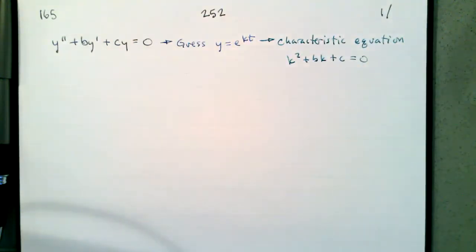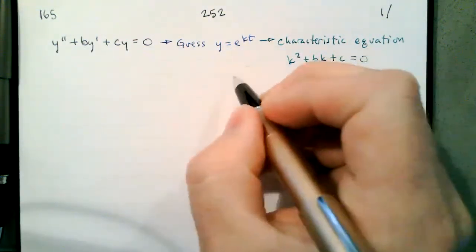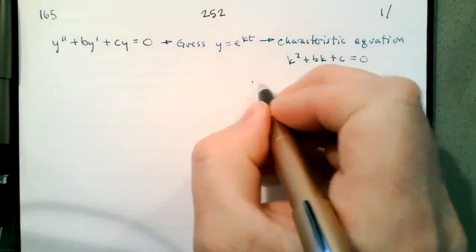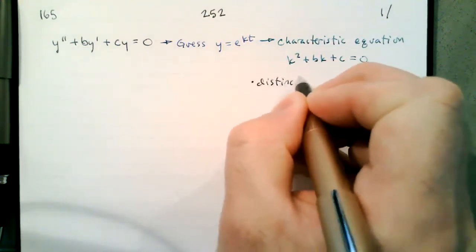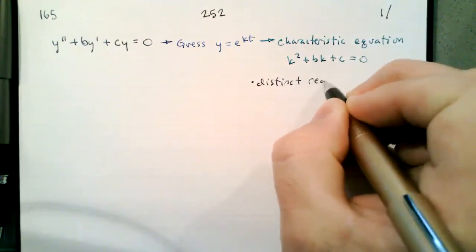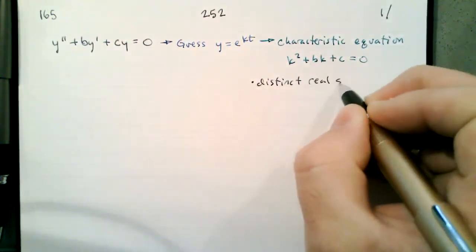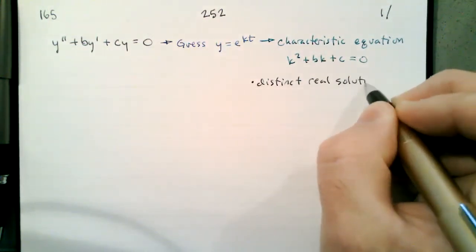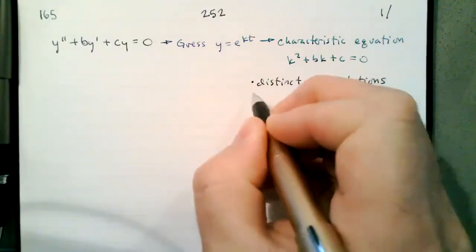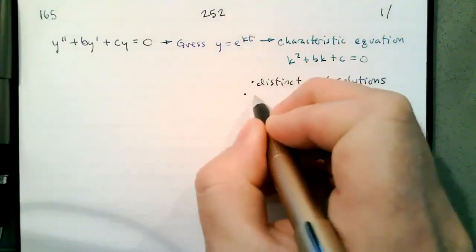And then this led to our three different cases where we had distinct real solutions. I wrote the equation, so I have to say solutions. We could have a repeated real solution.